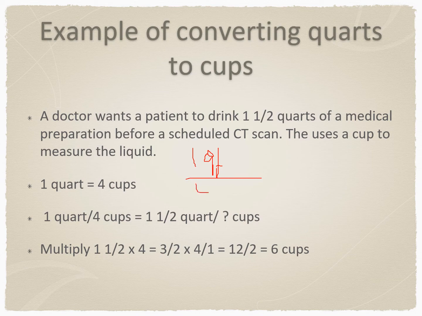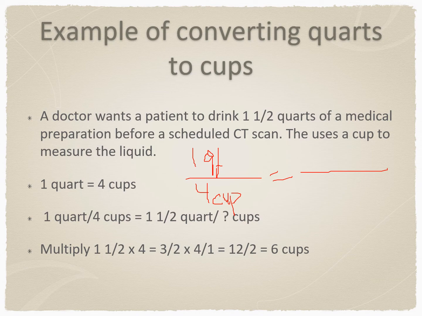This is kind of like looking at ratios, and we'll be looking at ratios too over the next couple weeks. So this is the same as 1 quart is equal to 4 cups. I'm not going to bother with the S. So we want to know how many cups are in 1.5 quarts. There are a couple of different ways of doing it.